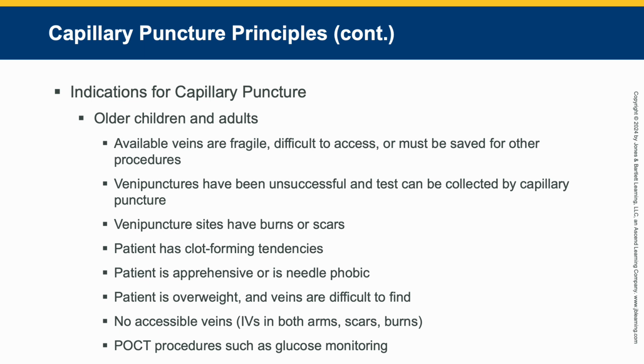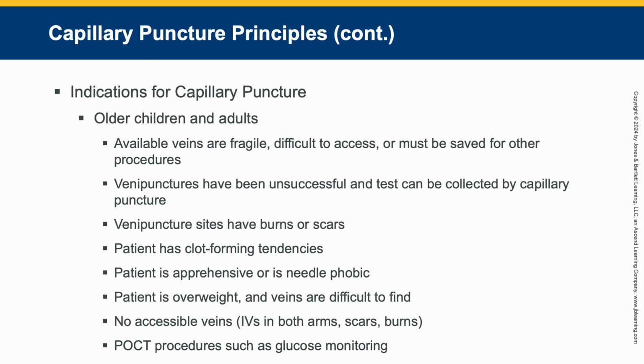If your patient is very overweight and their veins are very difficult to find, then this is acceptable. If they have no accessible veins, this means they possibly have IVs in both arms, maybe they have scars on one arm and an IV in the other, maybe they're burned all the way over, or maybe they have scars all over.